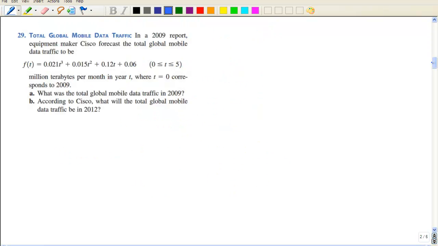Alright, this next example is giving us a forecast for data traffic, and this corresponds to T from 0 to 5, where T equals 0 is the year 2009. Alright, so what's the total global mobile traffic in 2009? Well, again, for 2009, we let T equal 0.